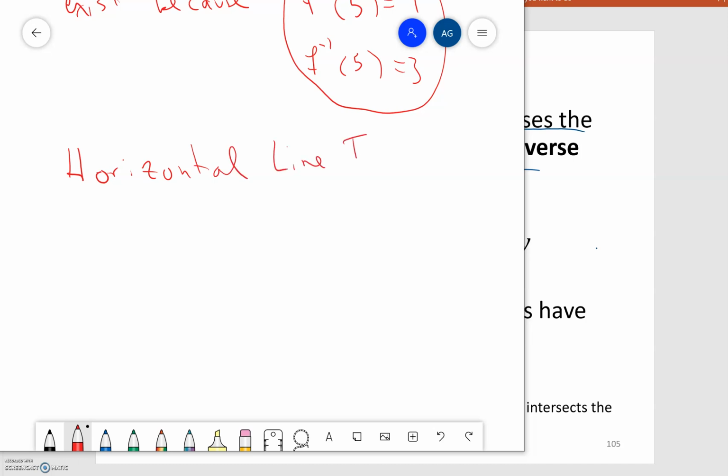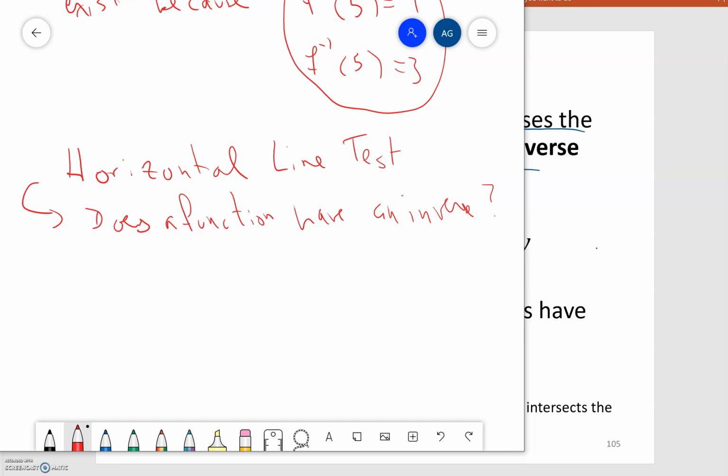And this is how you tell if a function has an inverse. So remember, we already had the vertical line test, and the vertical line test is about, is it a function?